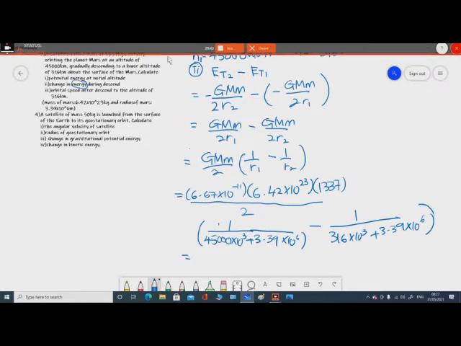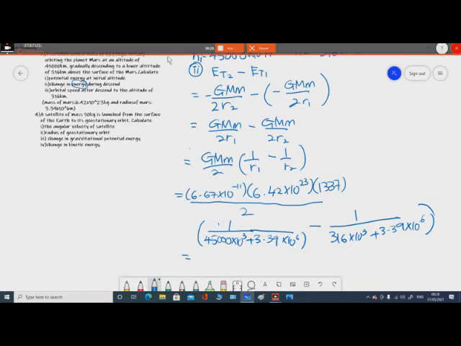Okay, so what will be our final answer here? 6.42 times 10 to the power of 23, 1337 divided by 2, 1 over 45000 times 10 to the power of 3 plus the radius of Mars, minus 1 over 316 times 10 to the power of 3, plus 3.39 times 10 to the power of 6.